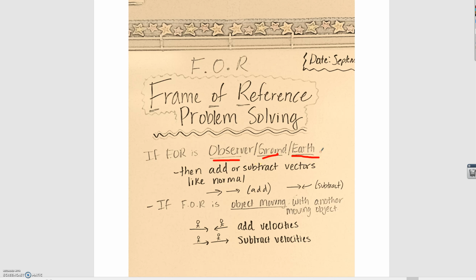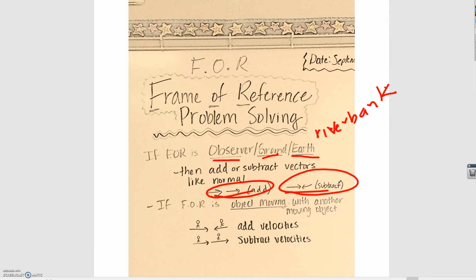Sometimes they'll say the riverbank, or down by the river. Usually it's stationary. Then we add or subtract vectors like normal. If they're going the same direction, I add them. If they're going opposite, I subtract.